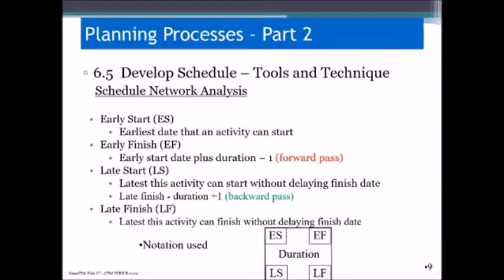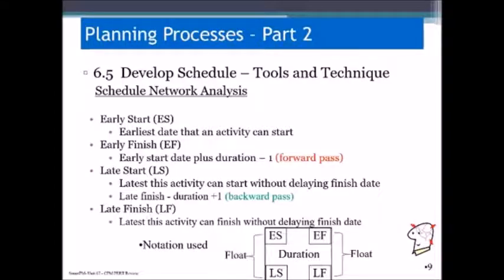The notation that we are asking students to remember has the duration indicated in the middle and the characteristics in each of the quadrants. Float can be calculated using either the start dates or the finish dates.